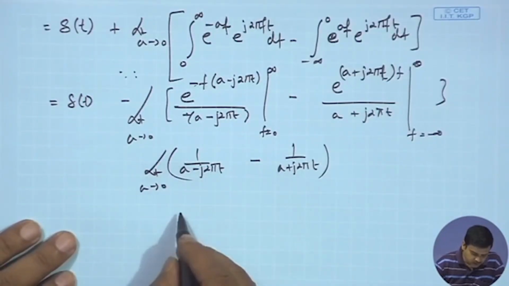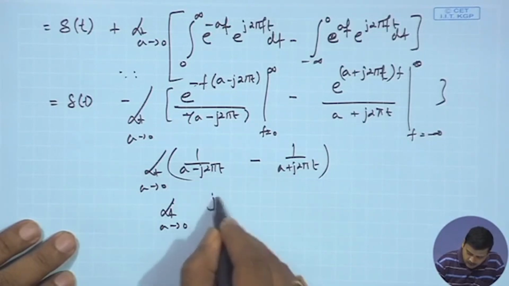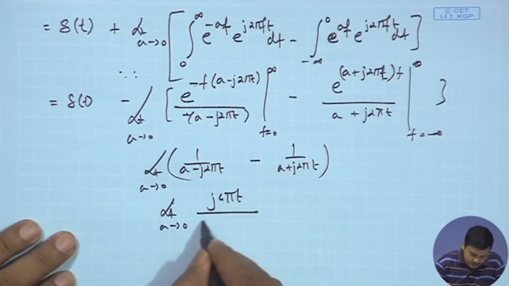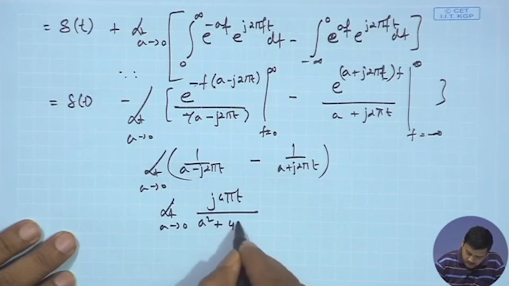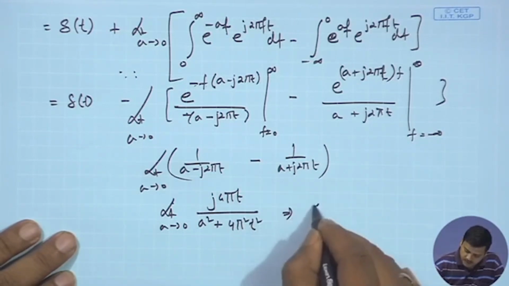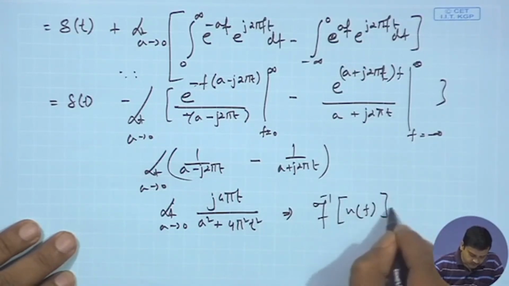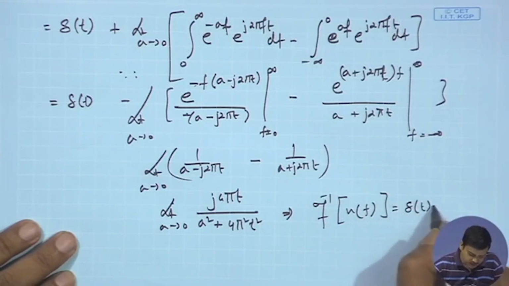If you work this out, you are going to get limit a tends to 0 of j 4 pi t upon a squared plus 4 pi squared t squared, which implies that the inverse Fourier of sgn of f is equal to delta t plus j by pi t.